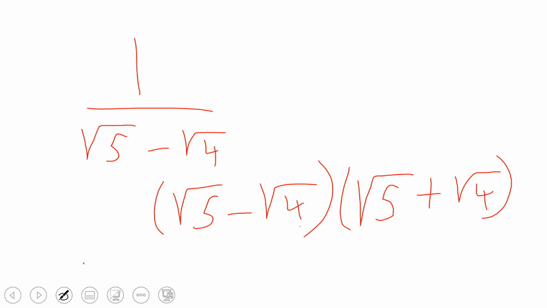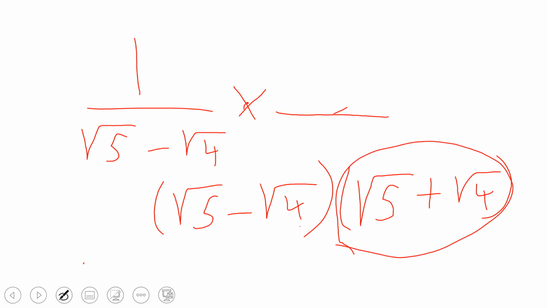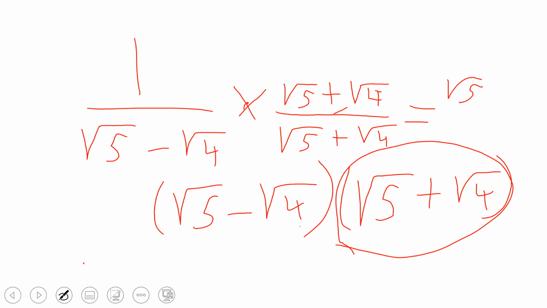So over here, we just multiply top and bottom by this value, root 5 plus root 4. In the numerator, we have 1 multiplied by this, that's just root 5 plus root 4.